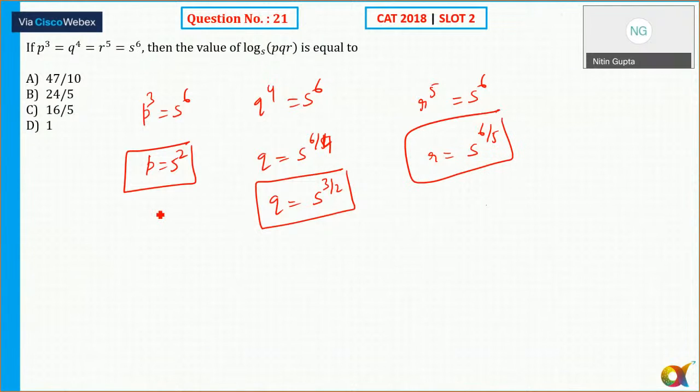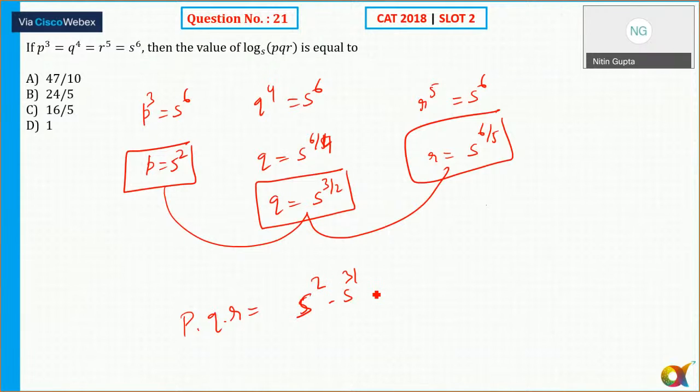Now multiply these three, P into Q into R. So P into Q into R is equal to S raised to power 2 into S raised to power 3 by 2 into S raised to power 6 by 5. And we know that the powers will always get added. So I need to add: S raised to power 2 plus 3 by 2 plus 6 by 5. What is the LCM here?